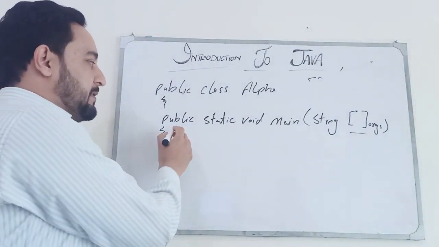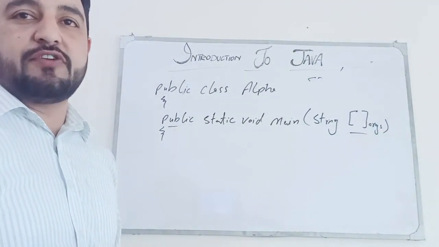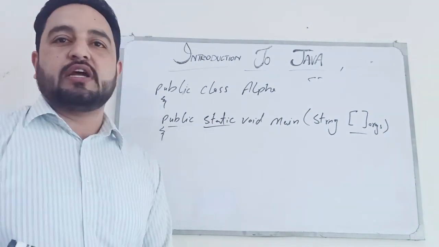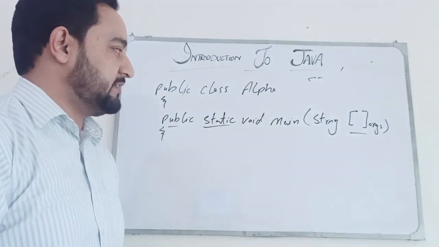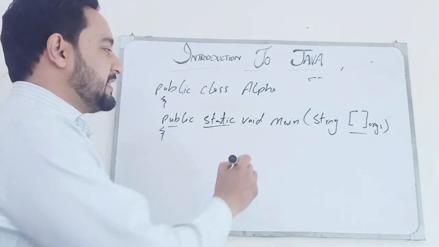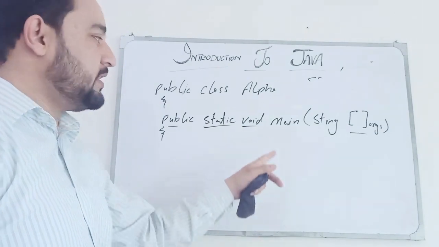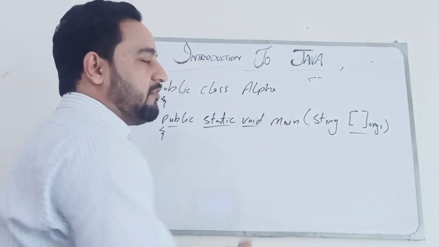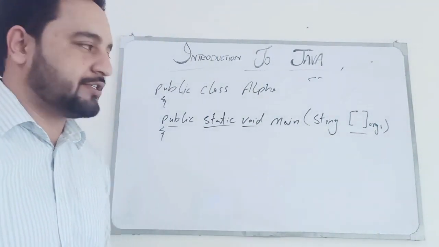Why is it public? It is to be called by the Java Virtual Machine from anywhere. Static, it exists without any object. The Java Virtual Machine calls this method. Void, the method is valueless. It will return nothing. Main is the name of our configured method, which will be called by the Java Virtual Machine, and we have command line arguments.